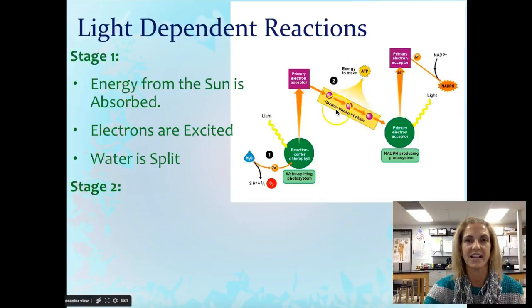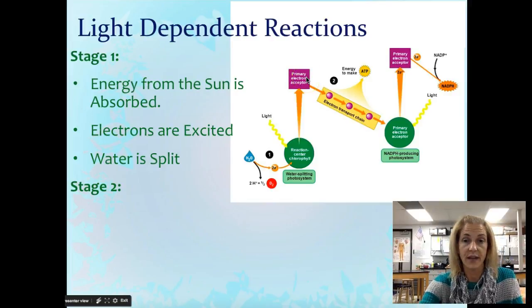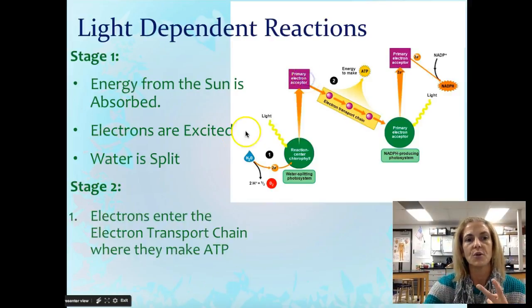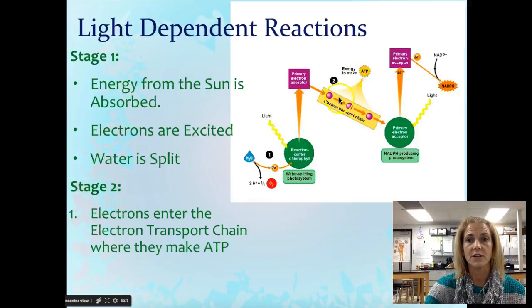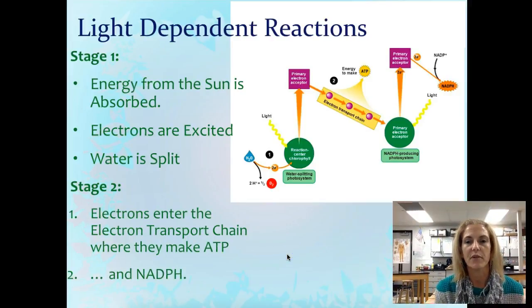So in the second stage, these electrons, where do they go? They go into one of 2 electron transport chains. So here's one and here's the other. And what do they make? This one is making ATP. So one of the electron transport chains makes ATP, adenosine triphosphate. Remember, we talked about that in chemistry. That provides energy.